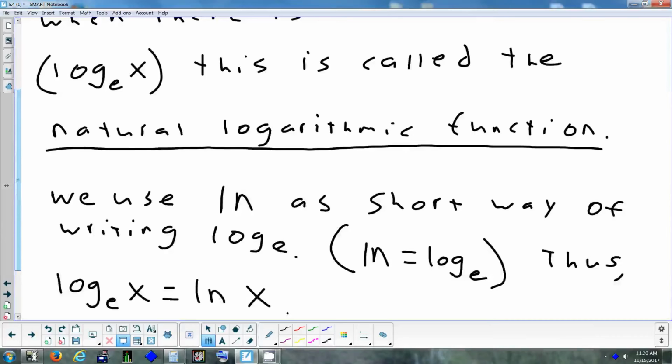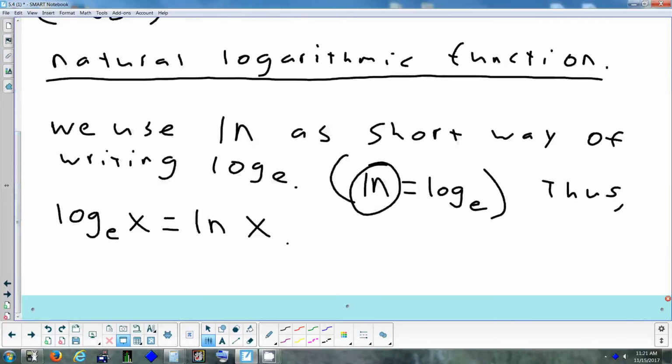Okay, so if somebody asked you to find log base e of 5, or they said find the ln of 5, it's the same question. Log base e is the ln. The only disadvantage with writing it as ln is the base is hidden. You have to remember, when you write it that way, it's hiding a base of e. So any questions on the two special logs? Common log, natural log.